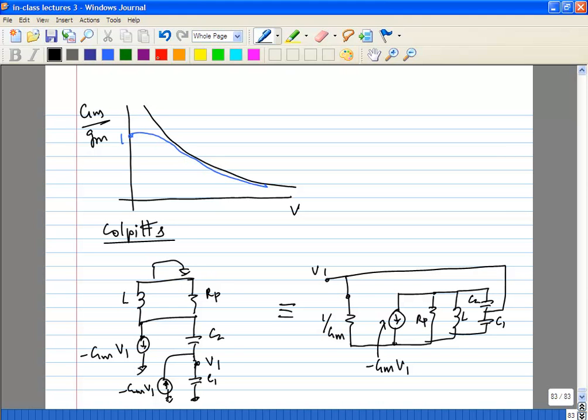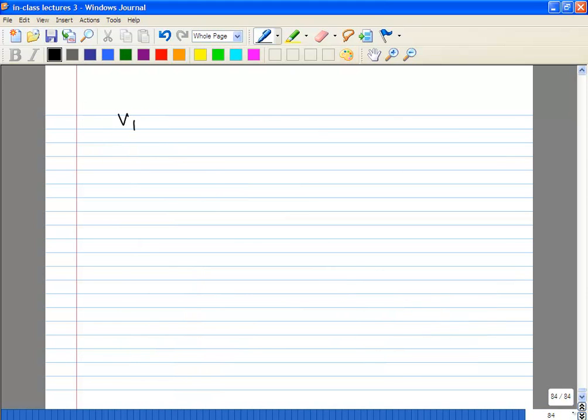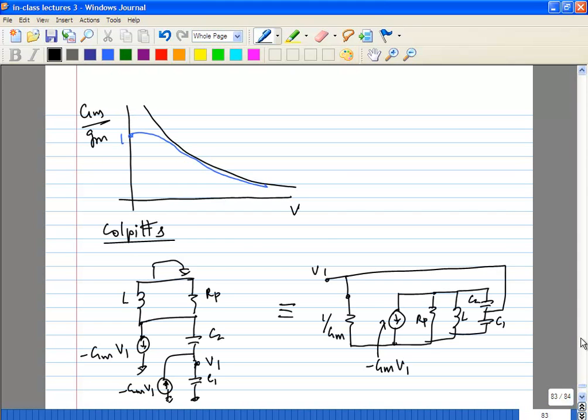So this is 1 over GM, and then you have the rest of the circuit. And of course, the output of the tank is V out, this point.